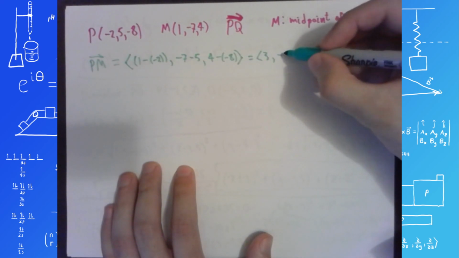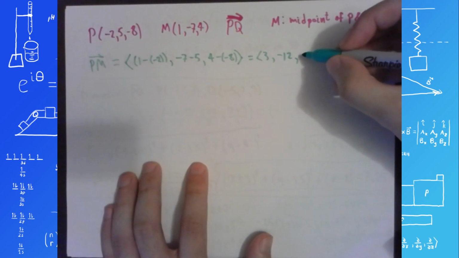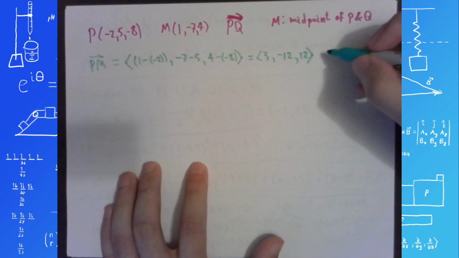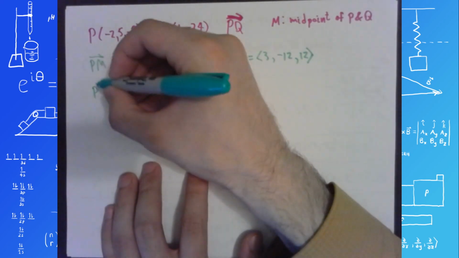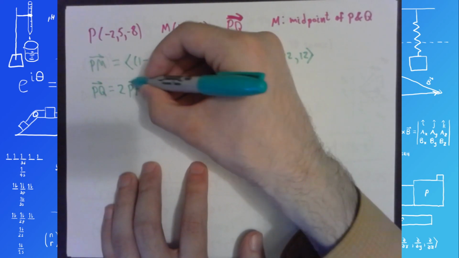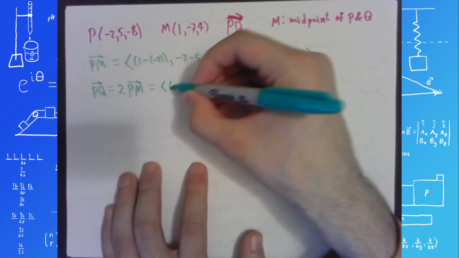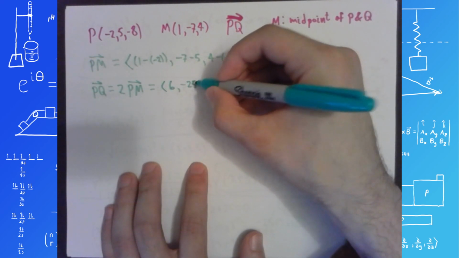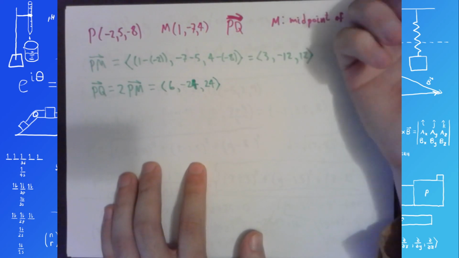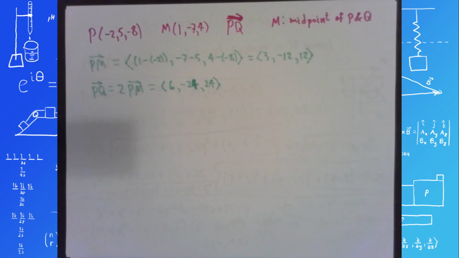Negative 7 minus 5 is negative 12. And 4 minus negative 8 is positive 12. Then PQ is simply 2 times PM, which is 2 times (3, -12, 12), that's (6, -24, 24). Okay, so that's one route we can take.